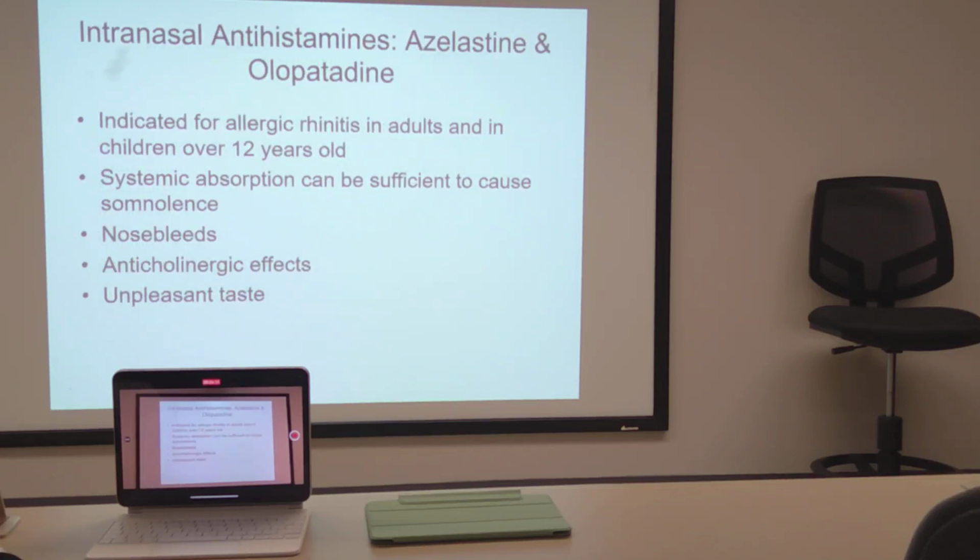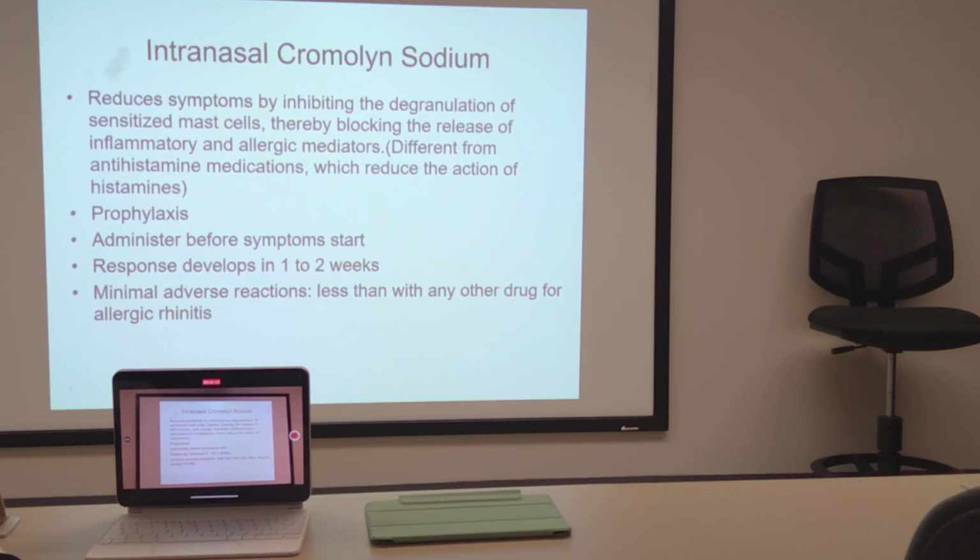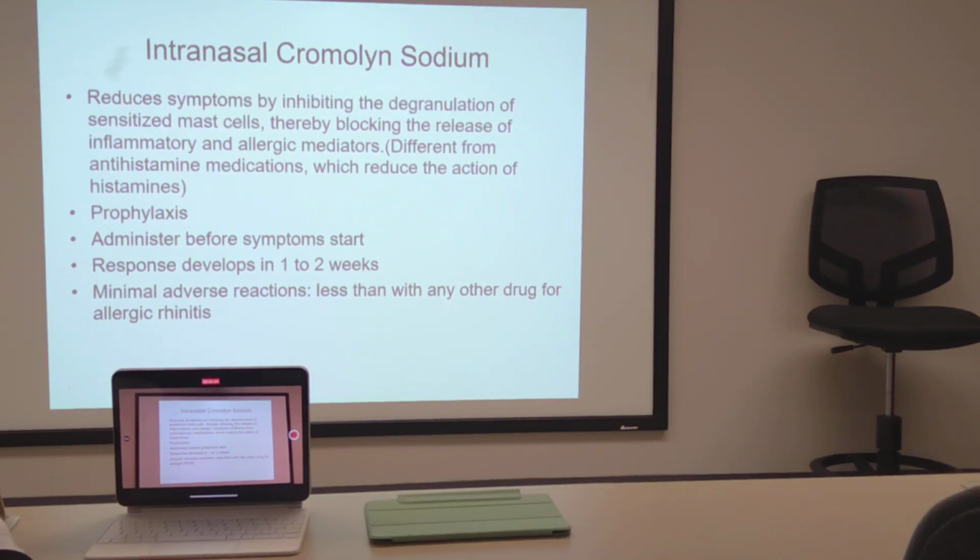Another one is the intranasal cromolyn sodium. This drug reduces symptoms by inhibiting the degranulation of sensitized mast cells, thereby blocking the release of inflammatory and allergic mediators. So this shows it's different from the antihistamine medications.